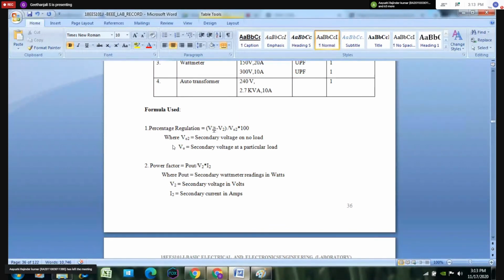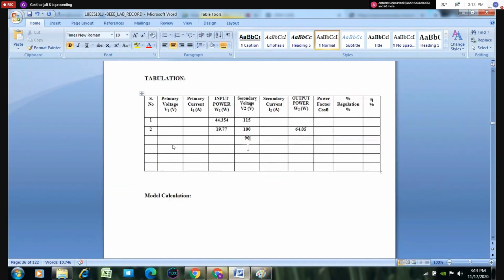So this no load voltage is 115. For example, I am finding the regulation for this second reading: 115 minus 100 divided by 115 into 100. That value you have to substitute here. The no load voltage is the same for all the remaining readings, 2, 3, 4, 5, 6.